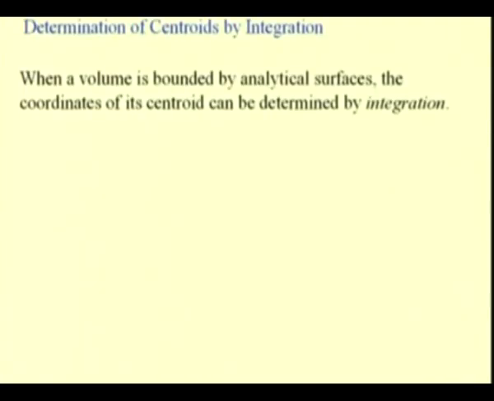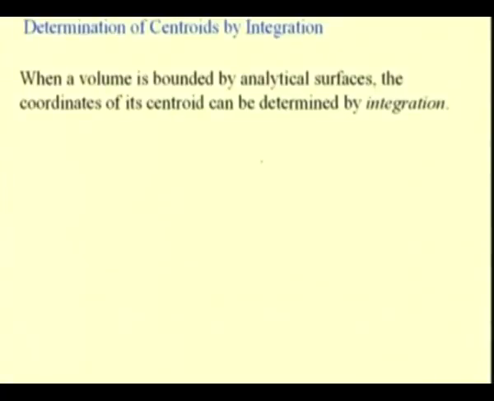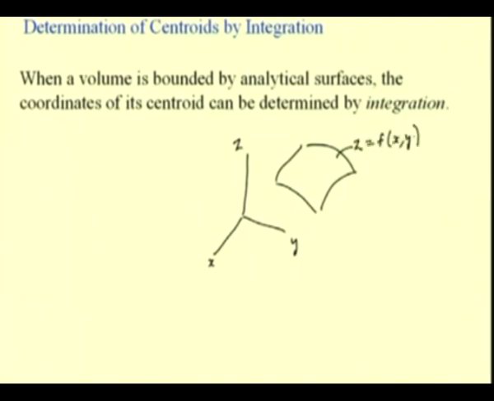Centroids can be found by the method of direct integration for analytical surfaces. If we take a surface whose equation is of the form z equal to a function of x comma y, which is now an analytical surface, since we have the definition of this surface in terms of these coordinates.